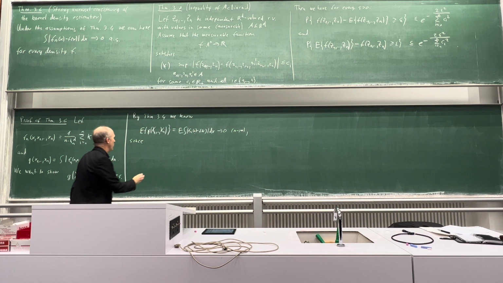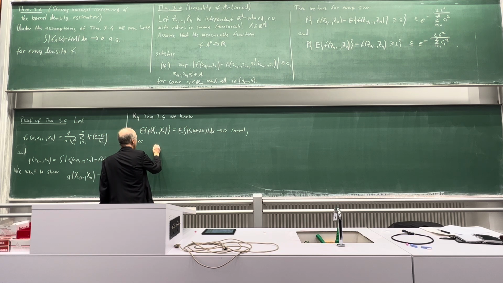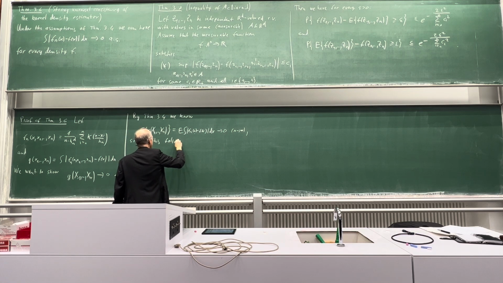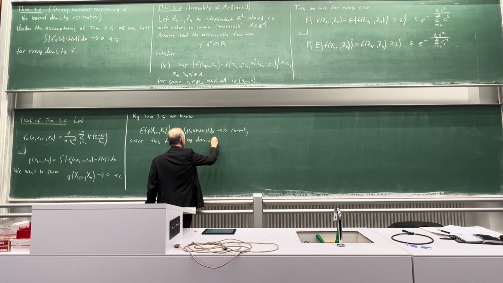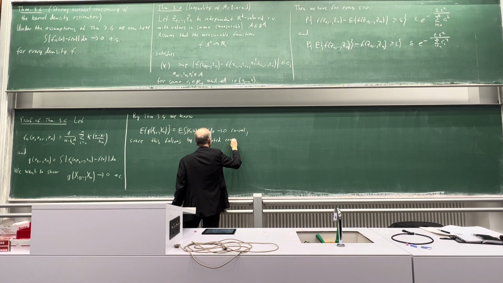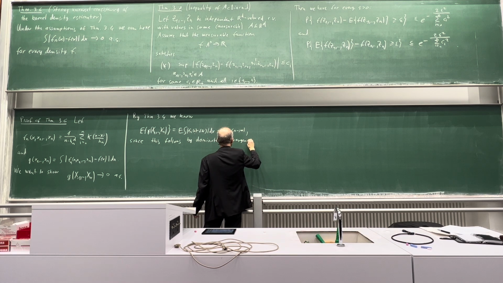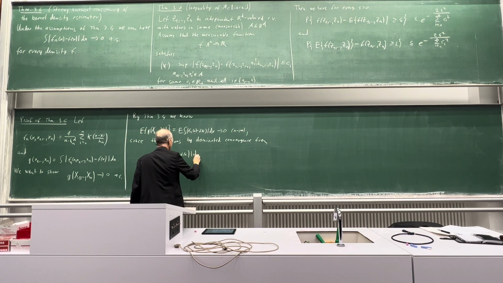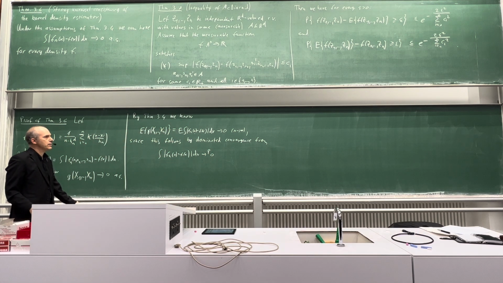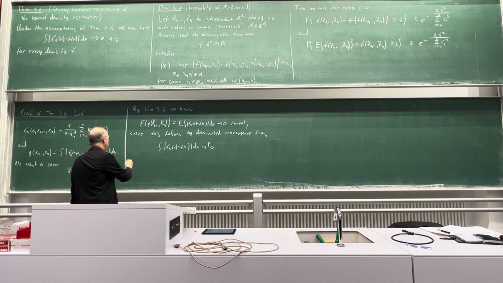Since this follows by dominated convergence from the fact that the L1 error of fn of x minus f of x goes to 0 in probability, and the fact that this L1 error is less than 2.